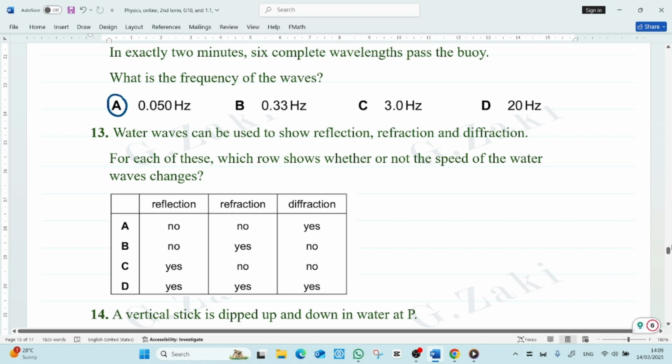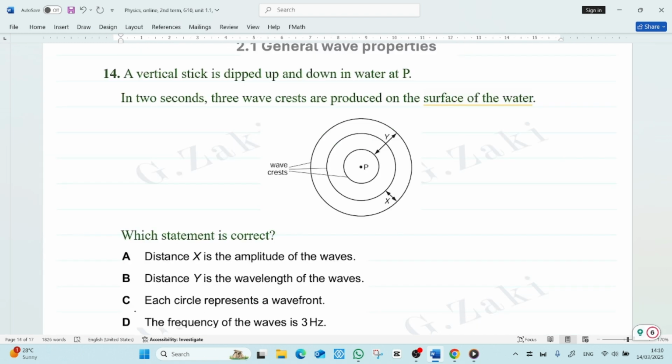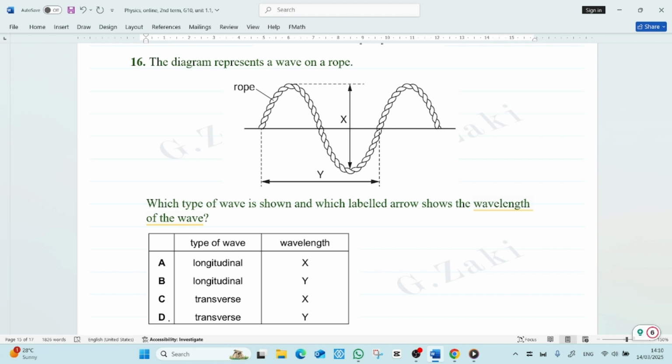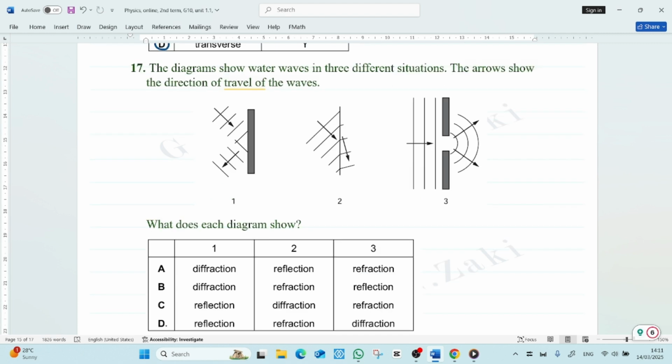Please be careful. The answer will be B. The answer is C. The answer is D.